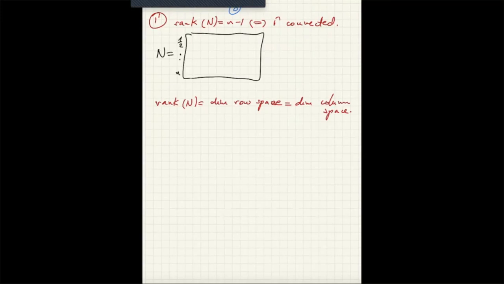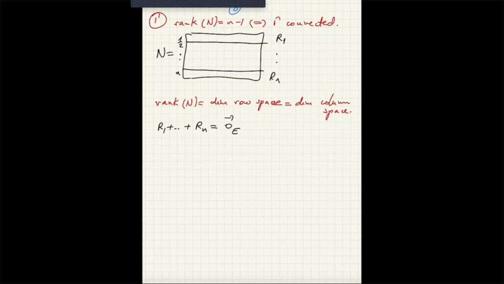Looking at it as a row space, let's say this is row 1 all the way up to row n: row 1 plus all the way up plus row n equals a zero vector, and let's write 0_E because it has E entries.